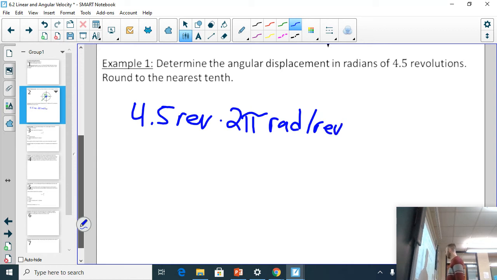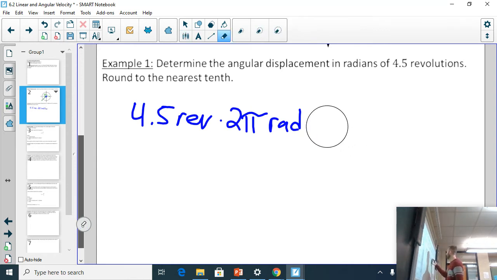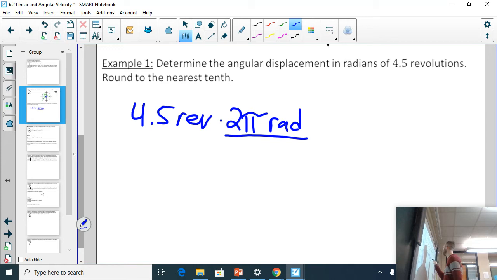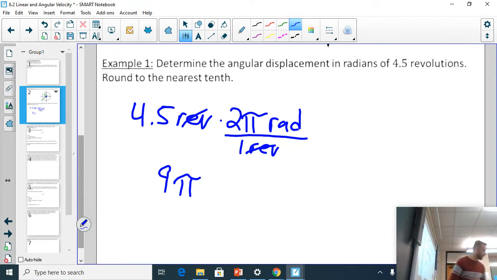If I write it like this, 2 pi radians per 1 revolution, we see that the revolutions cancel. That's called dimensional analysis, when you use inches and feet and things like that, and units cancel each other out. And so we end up getting 9 pi, and it says round to the nearest tenth.